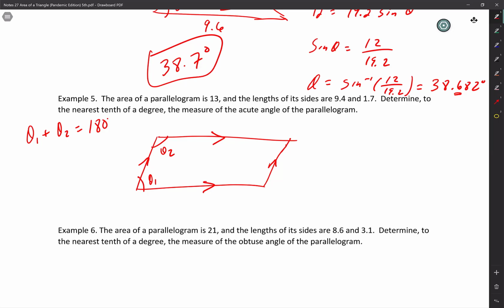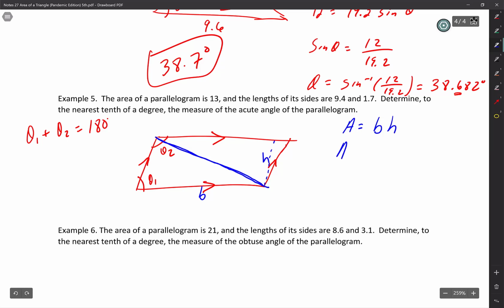Something else, you can also break this up into two triangles. And that's your height right there. You don't have to do that. Area of a parallelogram is base times height, where this is the base.